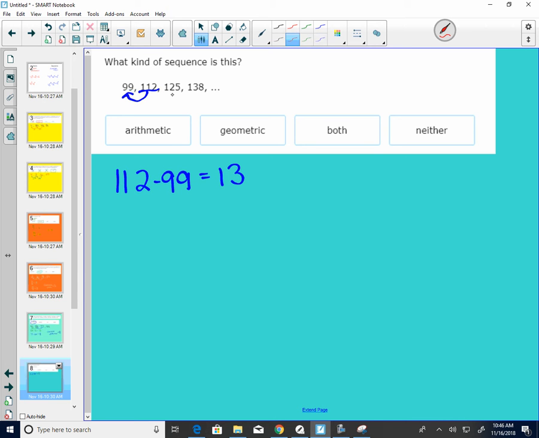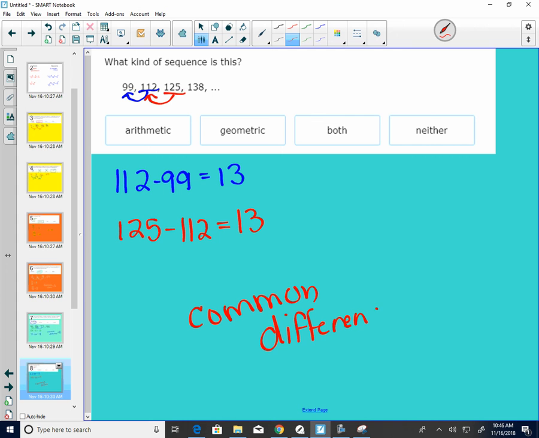Then I'm going to try 125 minus 112 and see if I get the same thing. And I do, that is equal to 13. So since they have a common difference of 13, that means it is an arithmetic sequence.